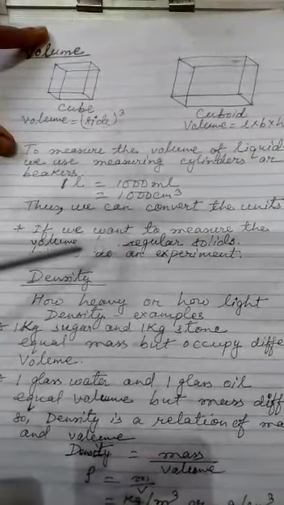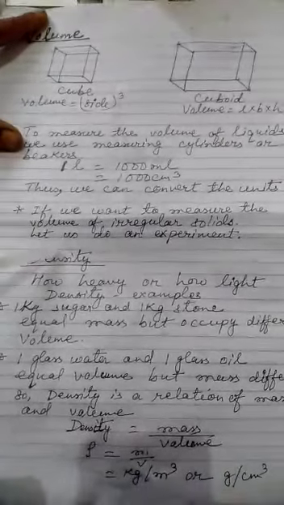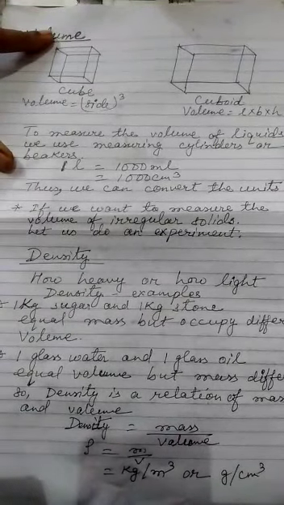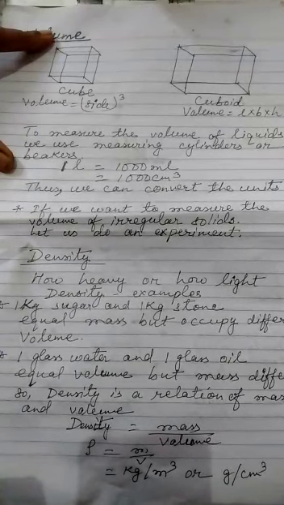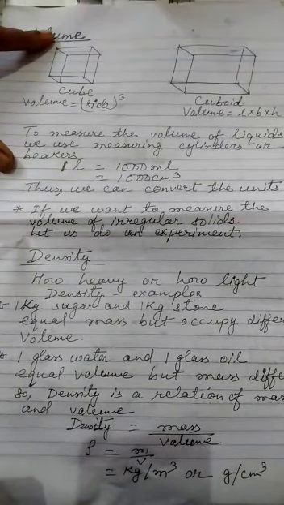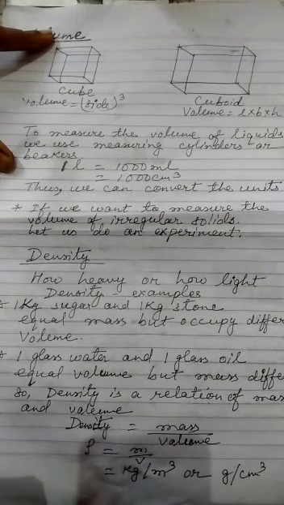Now, if we want to measure the volume of an irregular solid, what will we do? We will take a measuring cylinder, fill it with water and then put a solid object inside it. We will see that there is a rise in the liquid level.